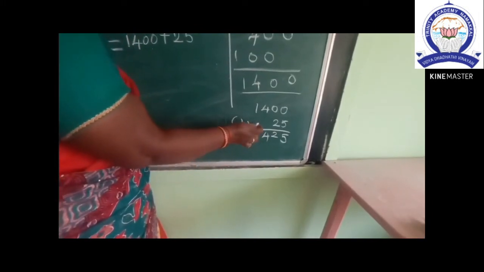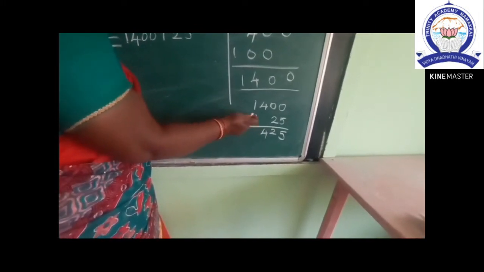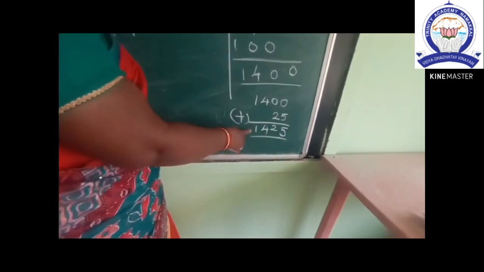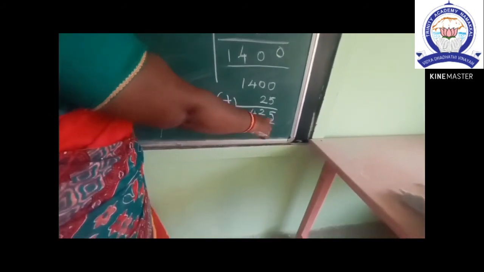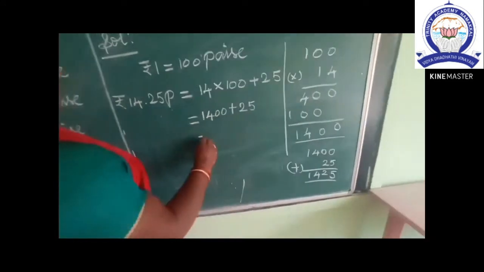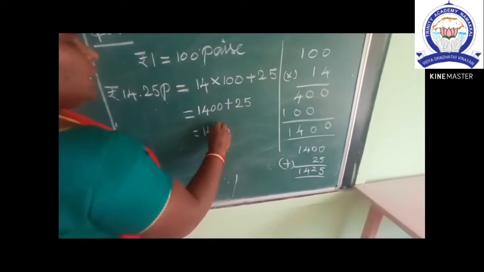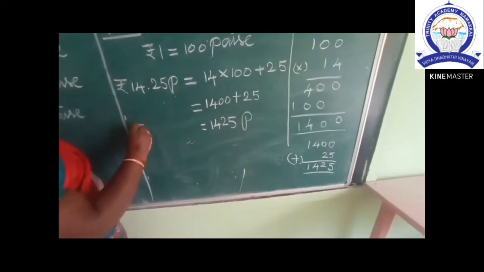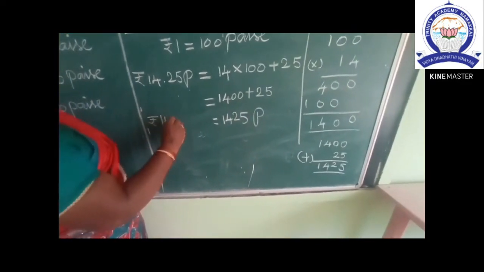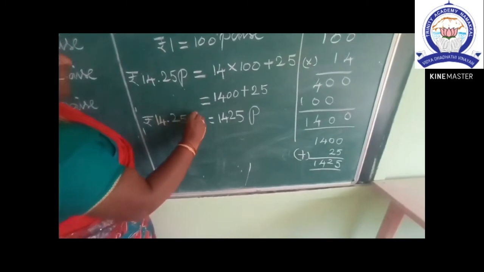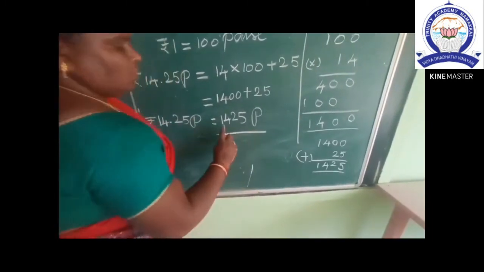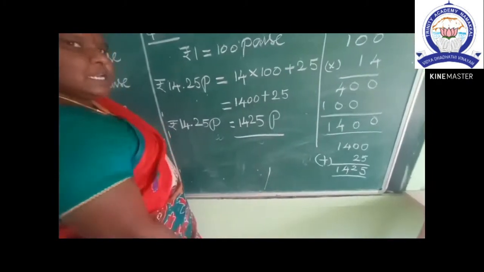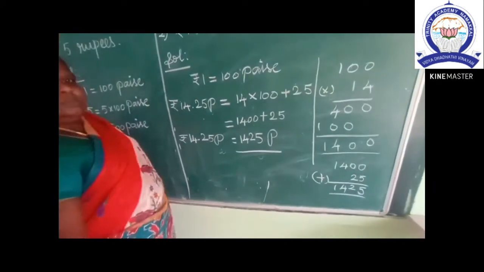Here also no number, you assume 0. 1 plus 0, 1. We get the answer is 1425. 1425 paise. 14 rupees 25 paise. We get the answer is 1425 paise. Is it clear, children?